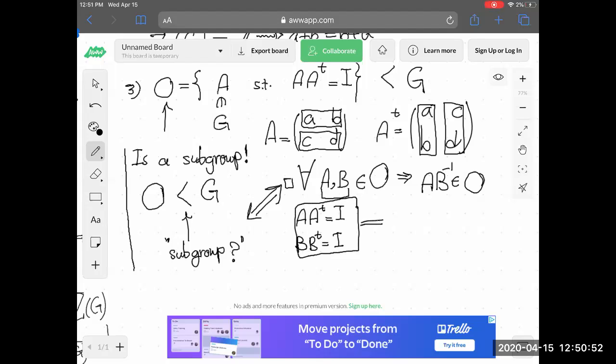What I want to prove is that A B inverse is in O, which means A B inverse times A B inverse transpose equals identity. Because I want to show this matrix is in O, I should show this matrix times its transpose equals identity. That's what I need to prove.